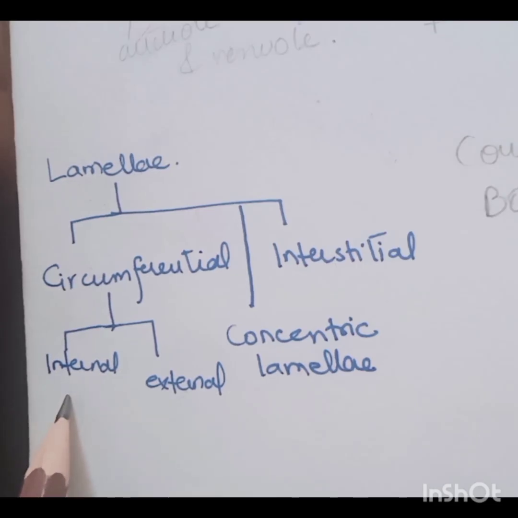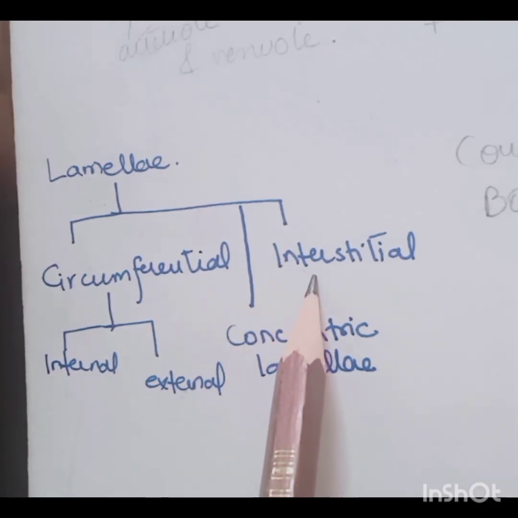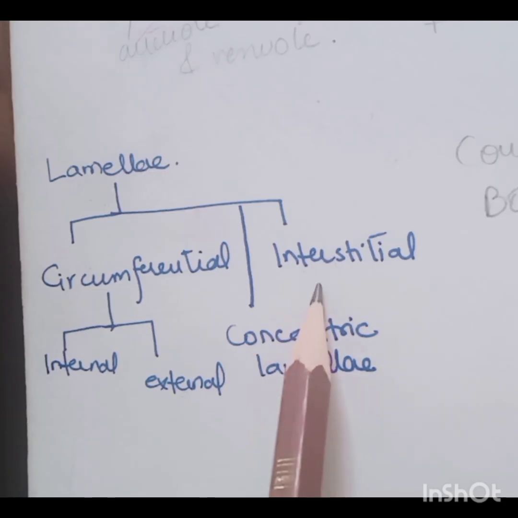The internal circumferential lamellae line the endosteal surface of the bone. The concentric lamellae are the rounded circular lamellae. They form the osteons, or the Haversian canal system. The interstitial lamellae are present in between the concentric lamellae, or in between the osteons.